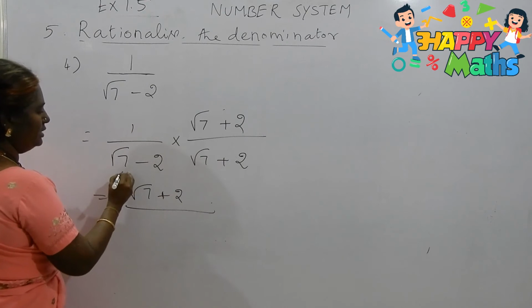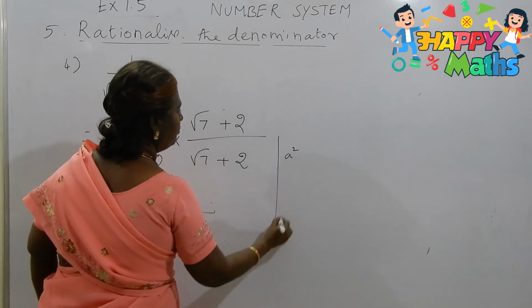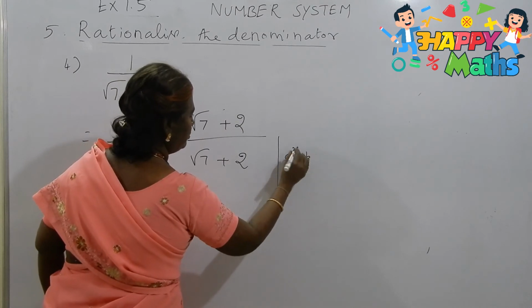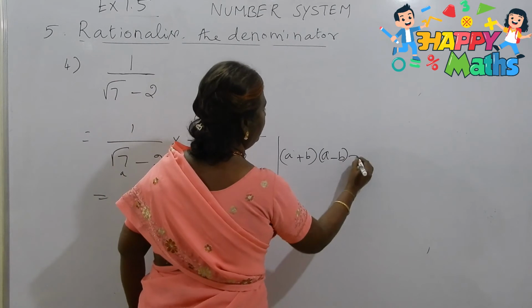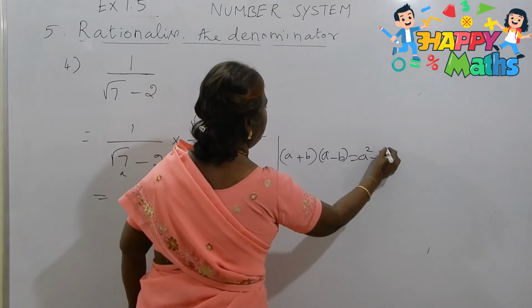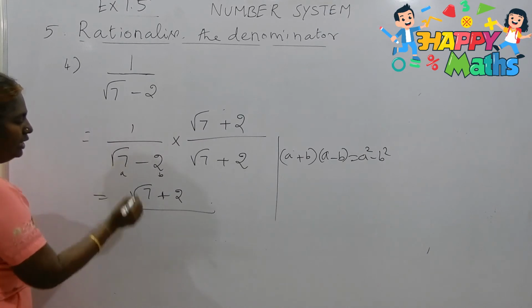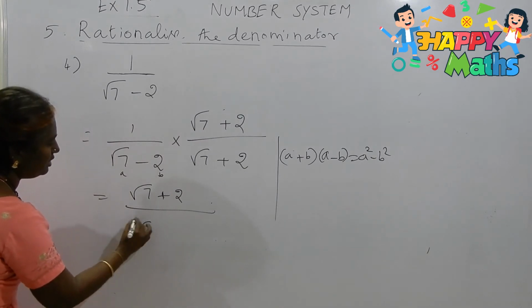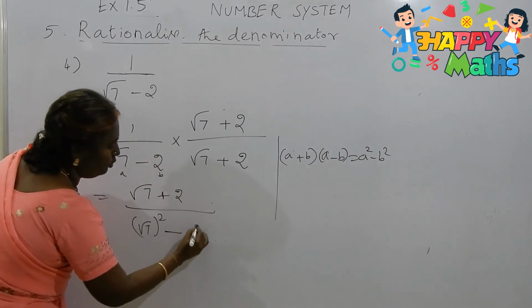At the denominator, this is a, this is b. So you have to write it in the rough column: a plus b into a minus b is equal to a square minus b square. We are making use of this formula over here. So here it is root 7 the whole square minus 2 the whole square.